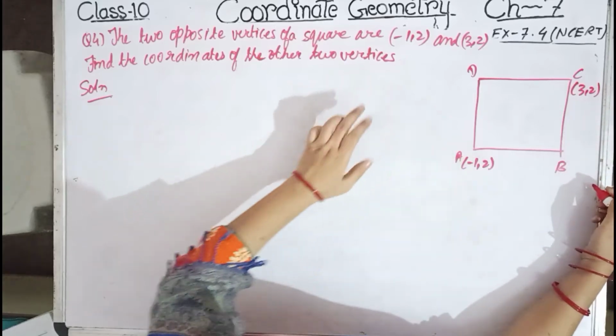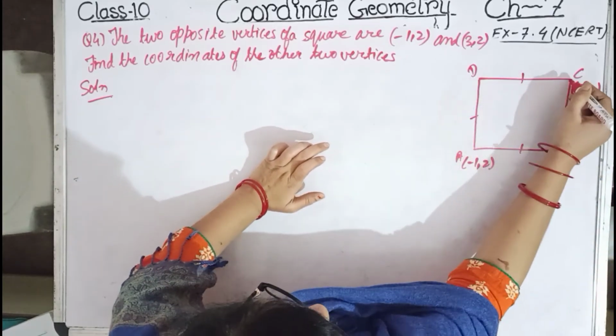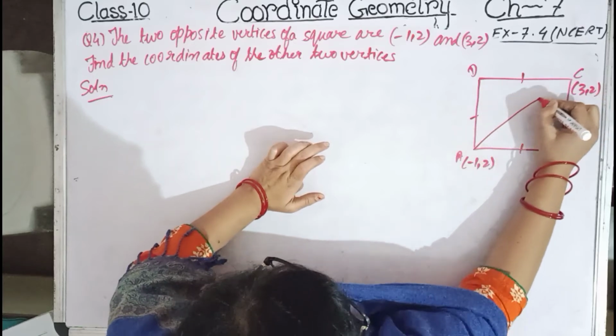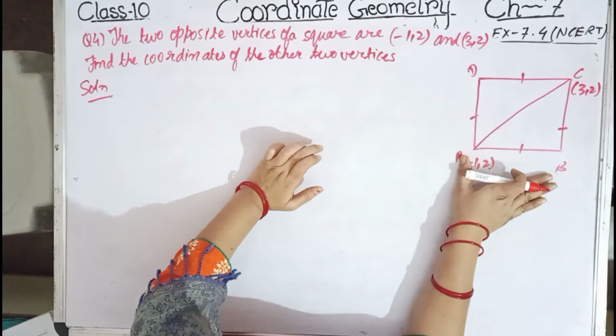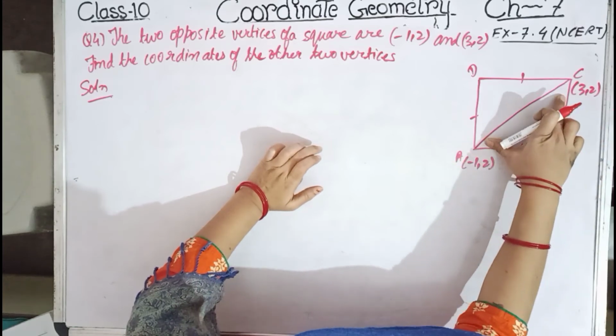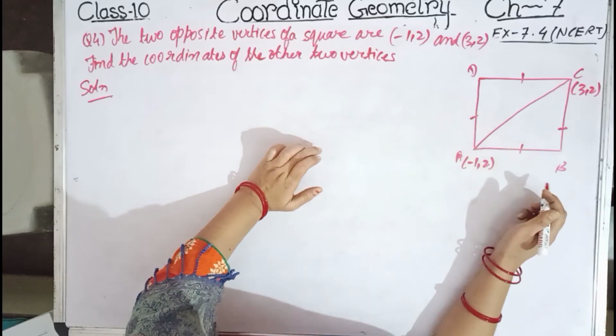So we have to find the coordinates of B and D. Since it is a square, all sides will be equal. Also, in triangle ABC, we can write AB square plus BC square equals AC square, or AD square plus DC square equals AC square in triangle ADC.